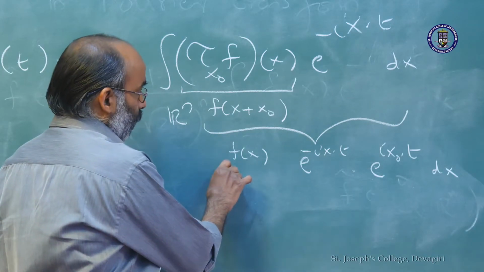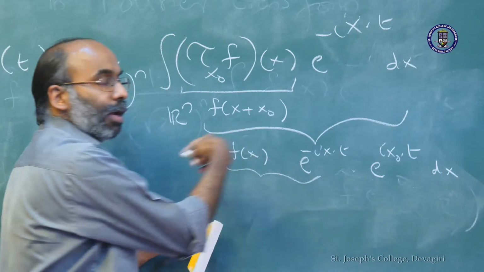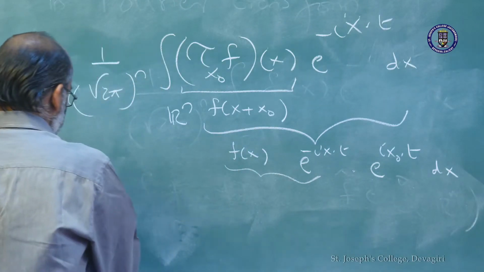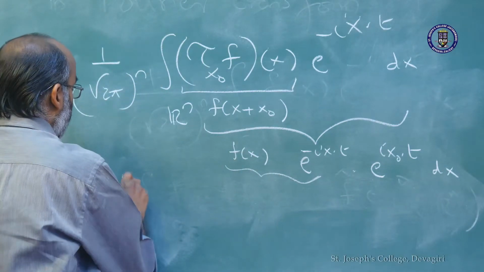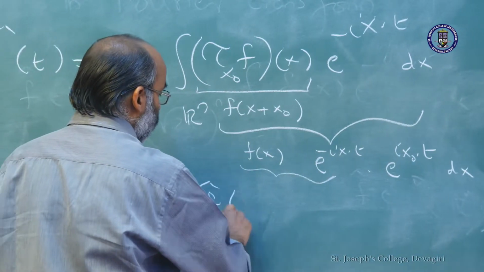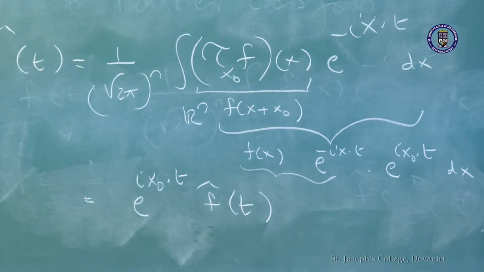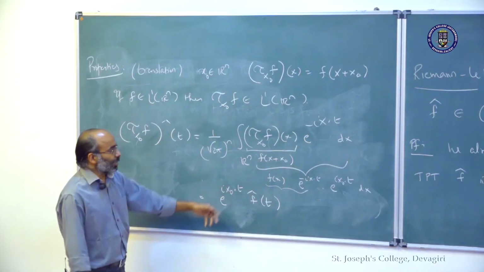So this portion gives me the Fourier transform of f, right. This has nothing to do with the integral, it comes out. Okay. So this is nothing but e to the i x naught dot t f hat t, right. So translating the function and taking the Fourier transform gives me the product on the other side. Okay.